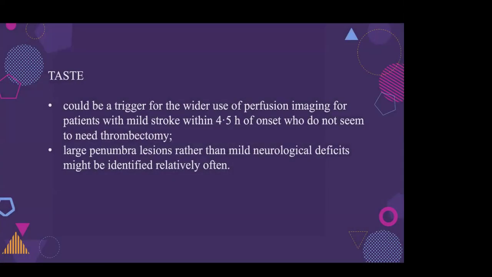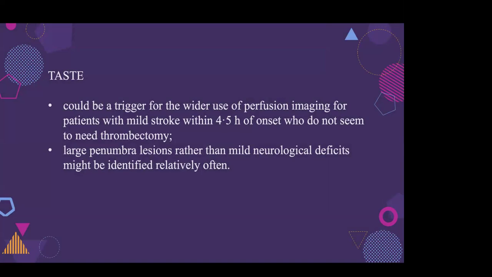Now, the reason I'm particularly mentioning this is that it could be a trigger for wider use of perfusion imaging for patients with mild stroke within 4.5 hours, where we sometimes have a difference in opinion regarding thrombectomy because of the milder symptoms.